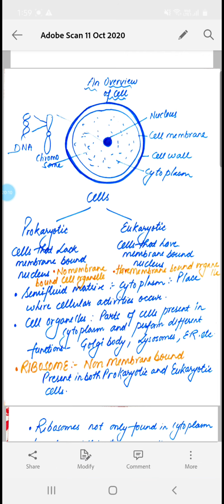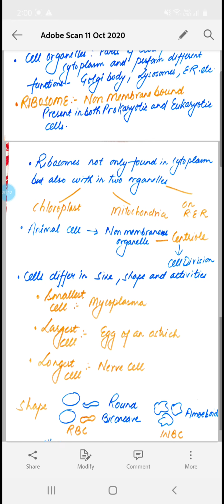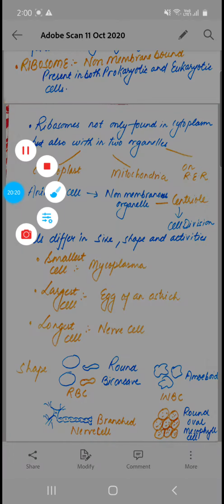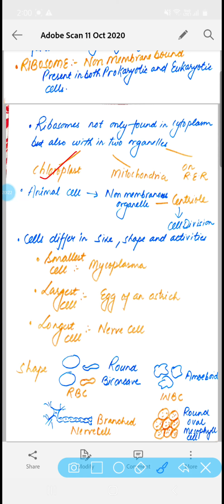Okay. Now ribosomes are not only found in the cytoplasm, but they are also found within different organelles like chloroplast, mitochondria, and on the rough endoplasmic reticulum. Now these two are very special ones because chloroplast and mitochondria also have their own genetic material.